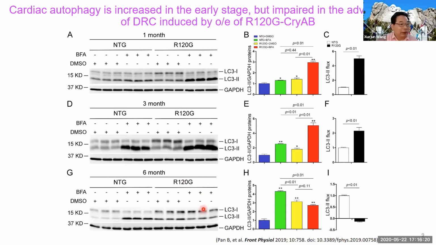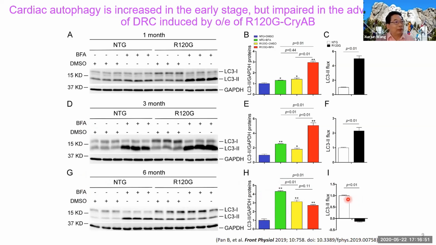And see here, lysosomal inhibition with bafilomycin A1 could not further increase LC3-II in myocardium. Unlike in littermate control mice, which can still increase a lot, there is no longer an increase in the transgenic R120G mouse heart. In other words, LC3-II flux is almost shut down.